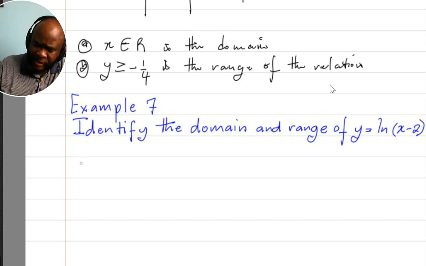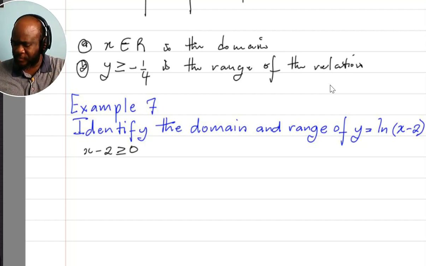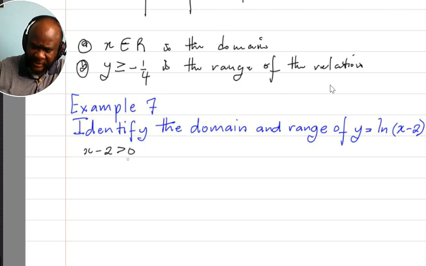So therefore, x minus 2 must be greater than 0. Sorry, must be greater than 0. Therefore, x must be greater than 2.